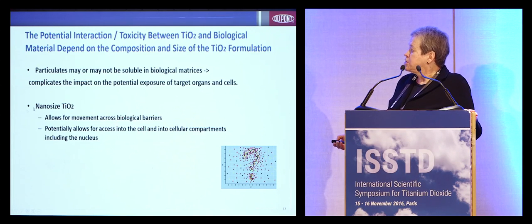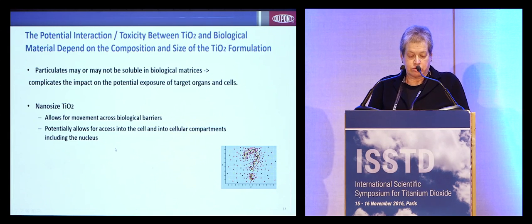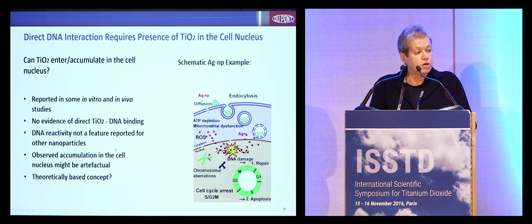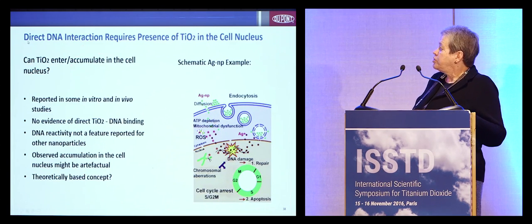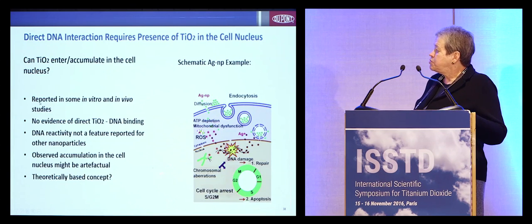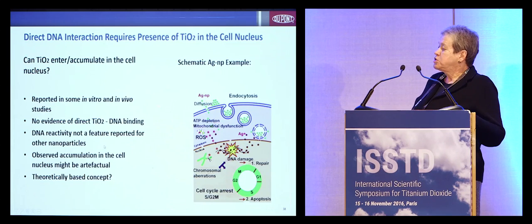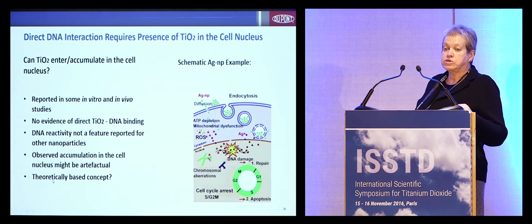For the nano-sized TiO2, it might allow for movement across biological barriers, and it might potentially allow for access into the cell and into the cellular compartments, including the nucleus. This is furthermore a question of whether TiO2 can enter and accumulate in the cell nucleus. This is basically summarizing what I already said. I'm throwing out the question at the end: is this a theoretically based concept more than a real concept?